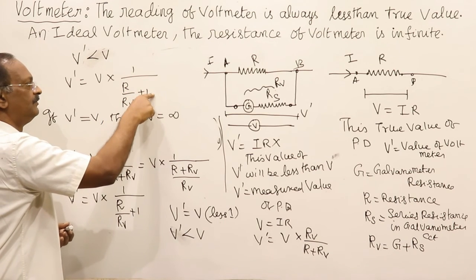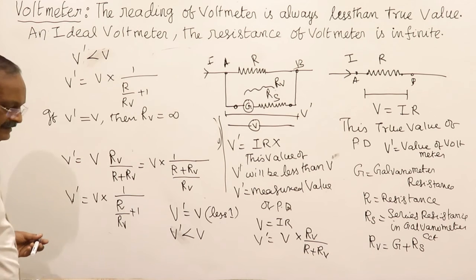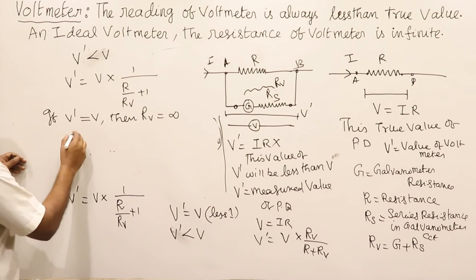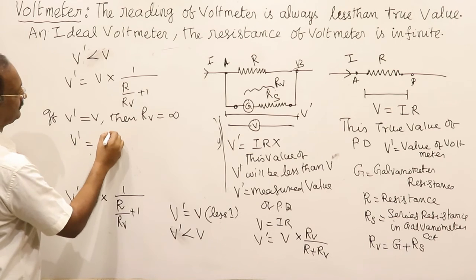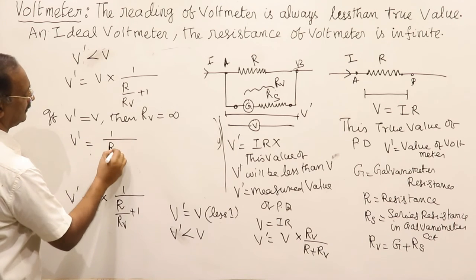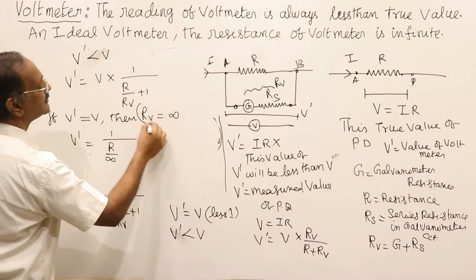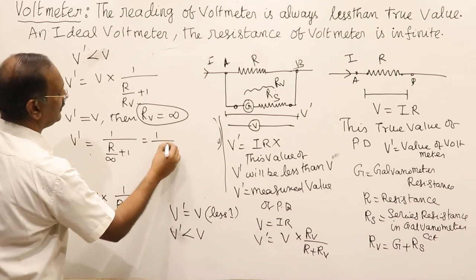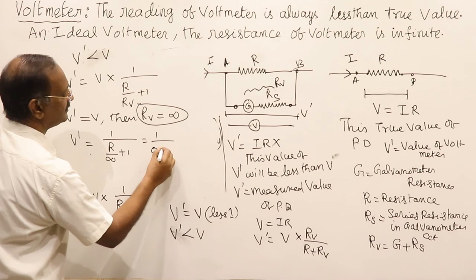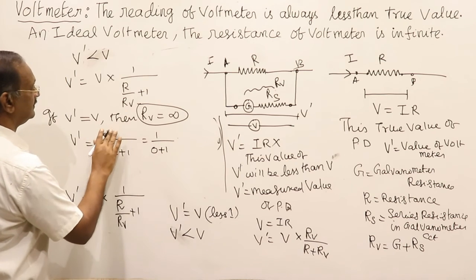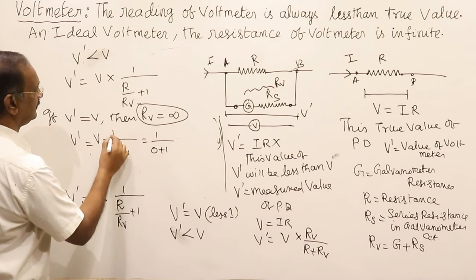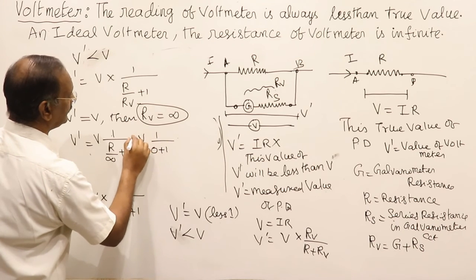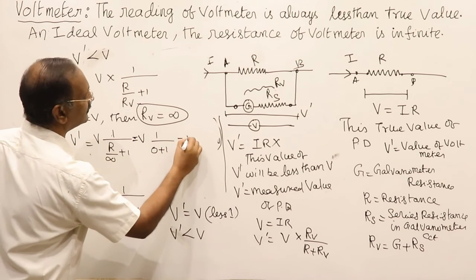Then 0 plus 1 is equal to 1, and 1 divided by 1 is equal to 1. So V dash is equal to V into 1, which is equal to V.